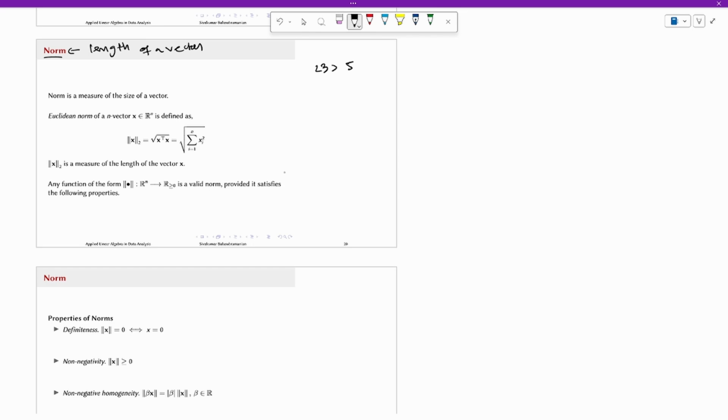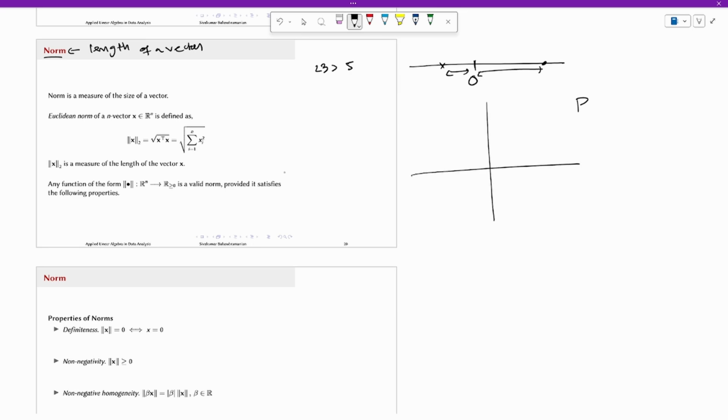So on the real line, you have this sense of ordering of numbers, and you can say how far away two numbers are. Or for example, if I give you a point here, and this is the 0 vector of R, I can ask you how far away is this point from the origin or from the 0 vector. Similarly, if I give you another point here, I could ask this.